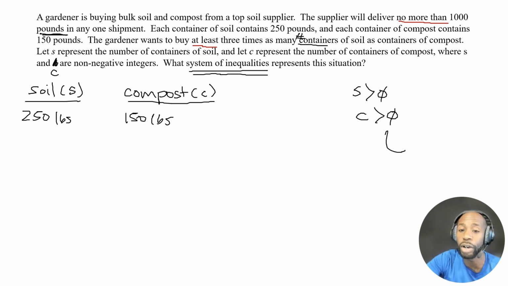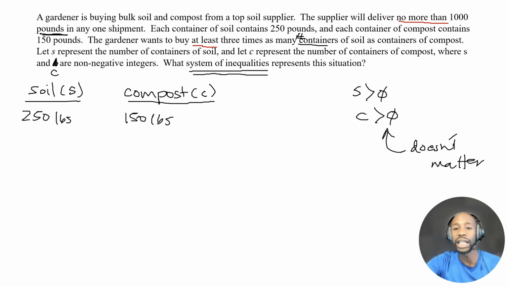You're also going to notice that these are non-negative integers, which is kind of important, but not really for solving this problem. You might look at something like non-negative integers and wonder how you're supposed to apply that. It's just factual information that you're not going to need to use.